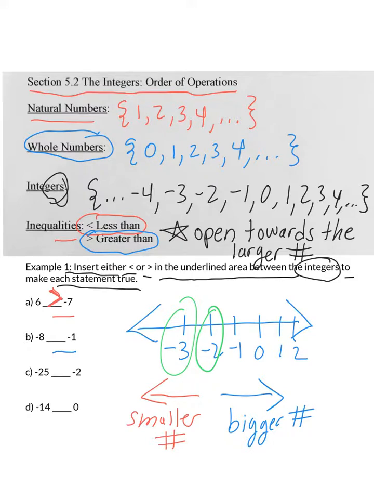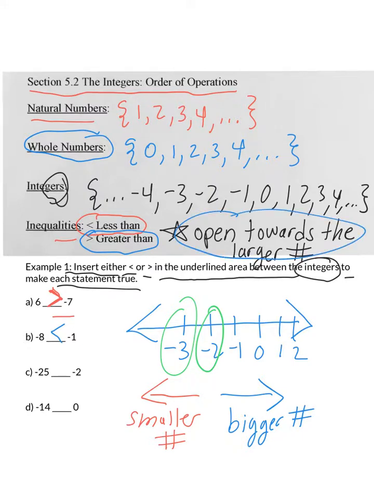If I had to choose between those two scenarios, I would rather owe $1 than owe $8. So -1, the scenario you would prefer in real life, is the larger number. So -1 is bigger than -8. So I'm going to open, again, open always towards the larger number. So I'm going to open towards -1.